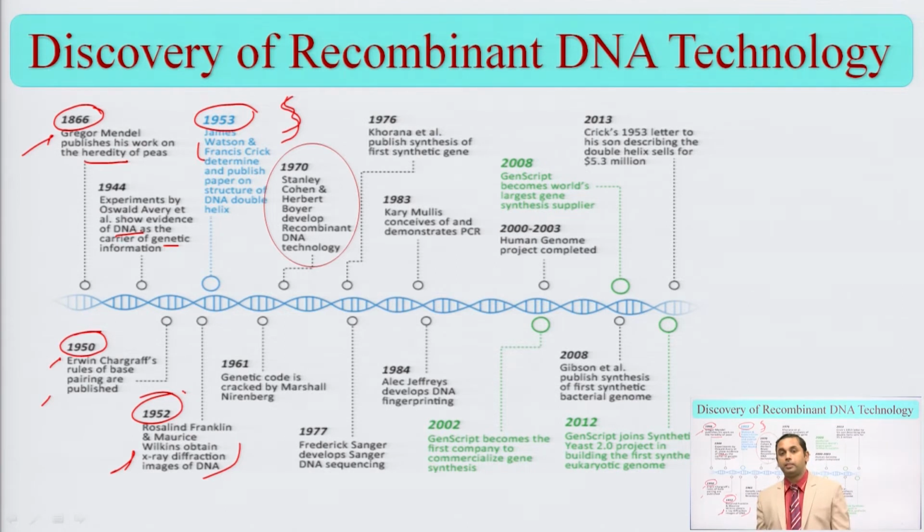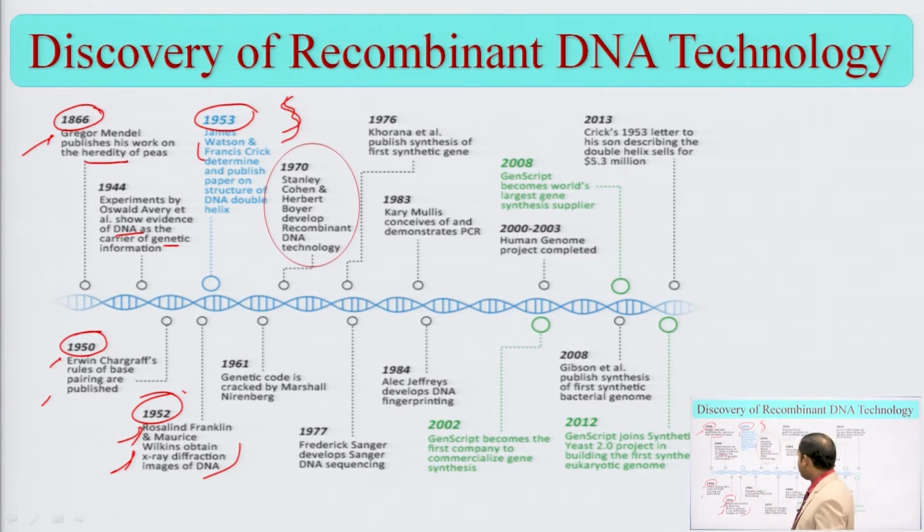They published the picture. Before that, Rosalind Franklin had identified the images of the DNA using X-ray crystallography. This is the story of our entire genome, genetics, genetic engineering and genomics.